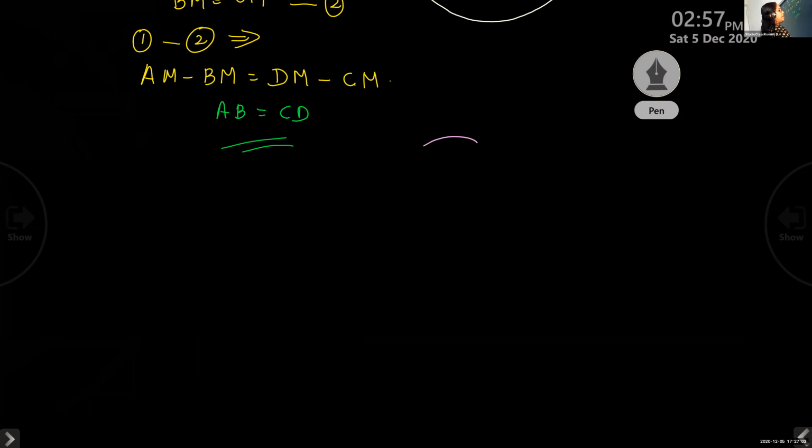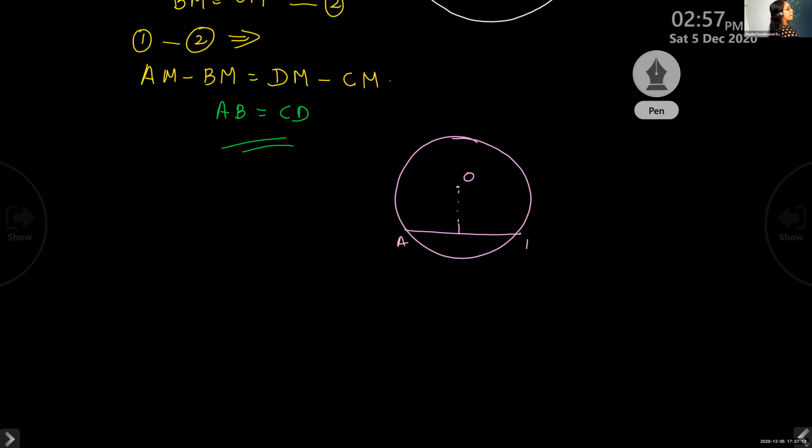Yes, ma'am. Now listen. You know that the perpendicular from the center bisects the chord. O is the center, AB is the chord. If this chord's total length is 8 centimeter, what will be these small pieces?